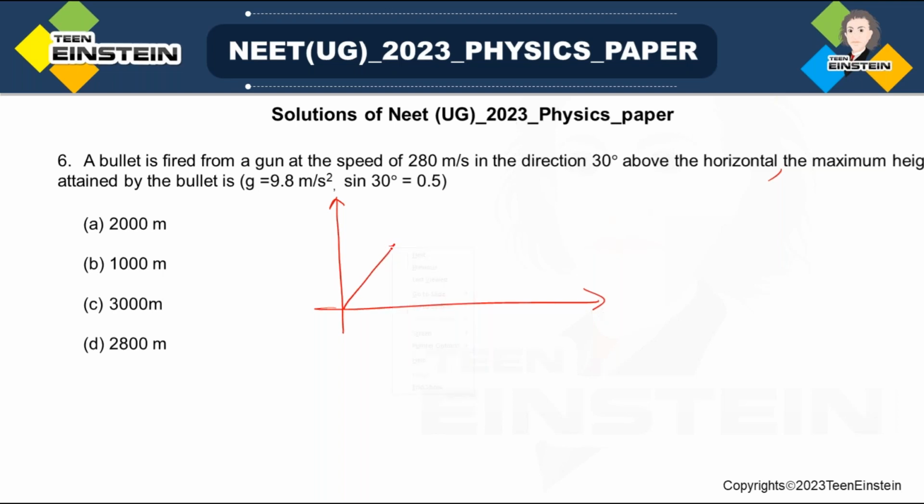Suppose a gun is aimed in this direction, which is 30 degree above the ground, and a bullet is fired with some initial velocity u, that is 280 meters per second.